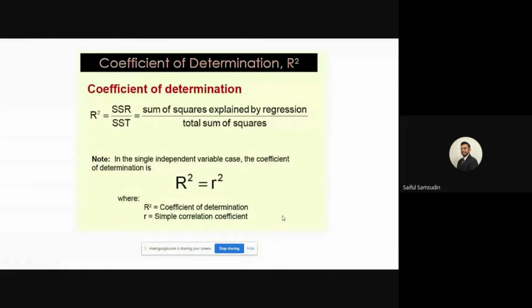The most important thing in a prediction model, whether you are using MLR or ANN, is the coefficient of determination.